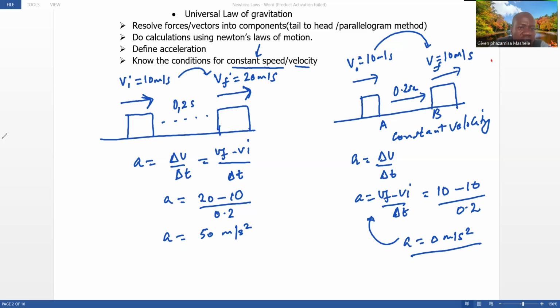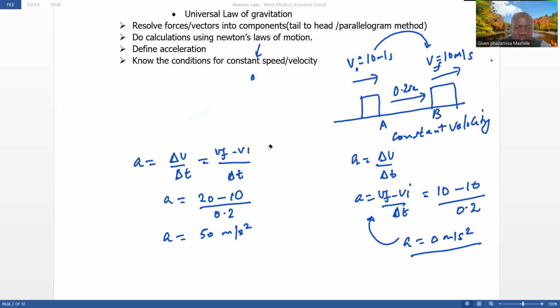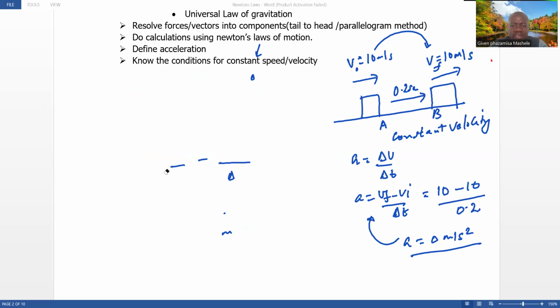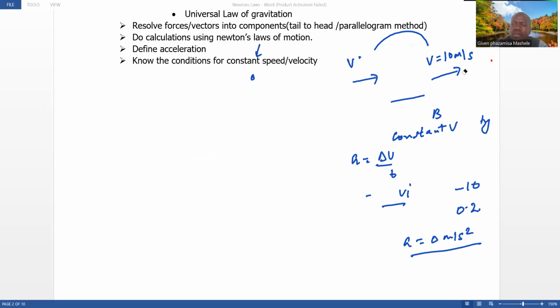So which means that when the conditions are constant speed or constant velocity, it means the acceleration would be 0.